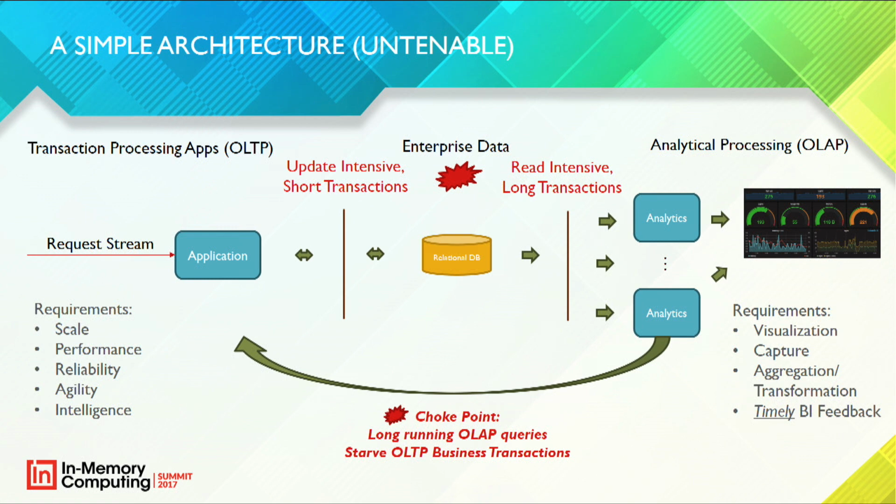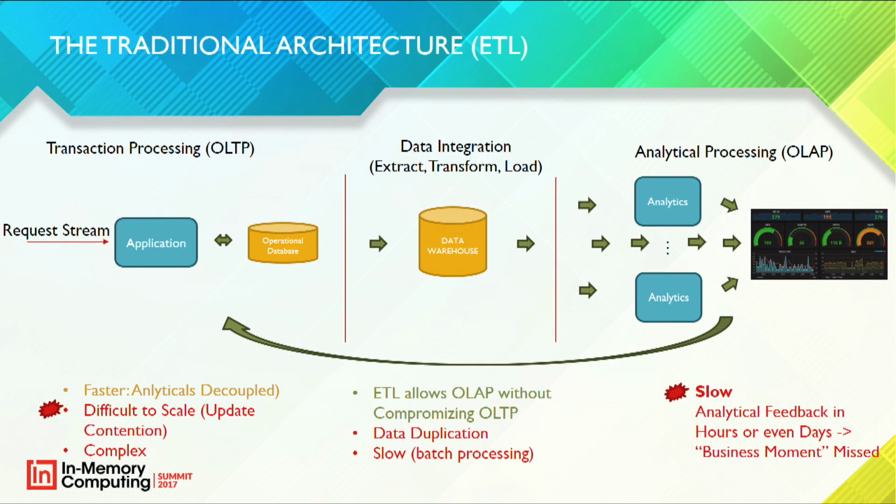So if we're running these long-running transactions for analytics in the back end, we start throttling the front end, and that breaks the performance and SLA guarantees that we want to meet in our transaction processing plane, namely good response times, right? So the major problem with this approach is we have to find a way to decouple analytical processing from the update-intensive transaction processing.